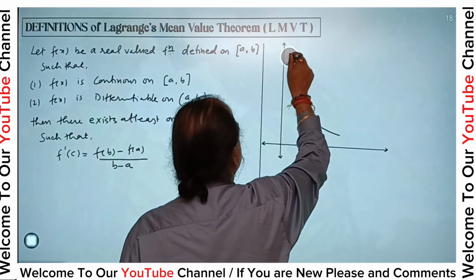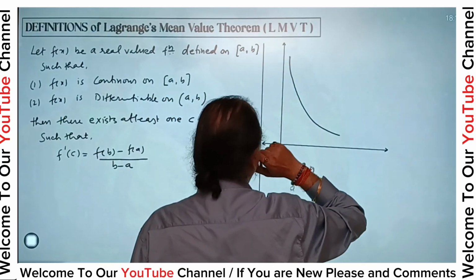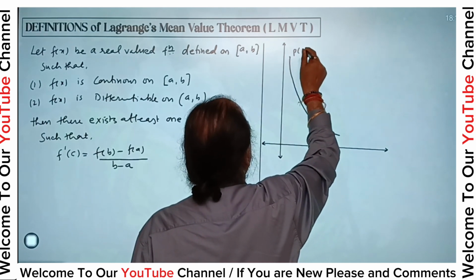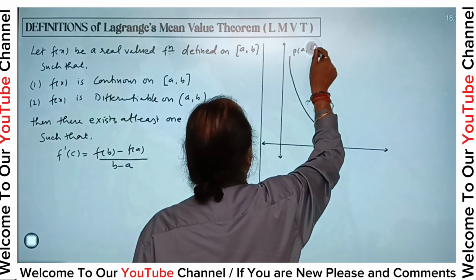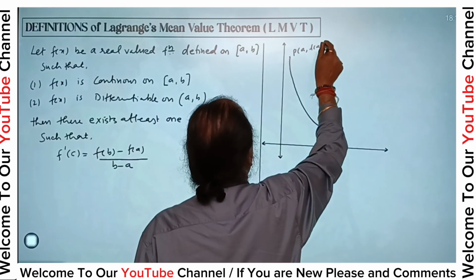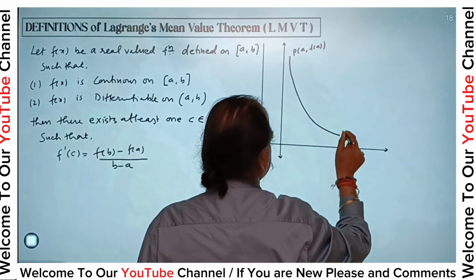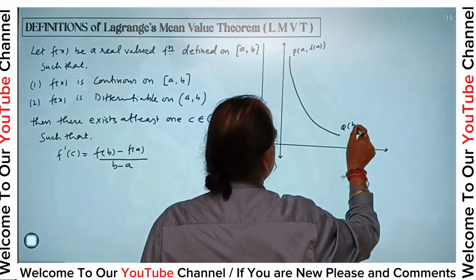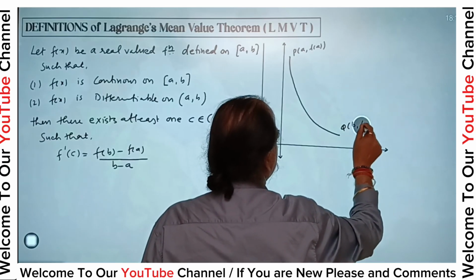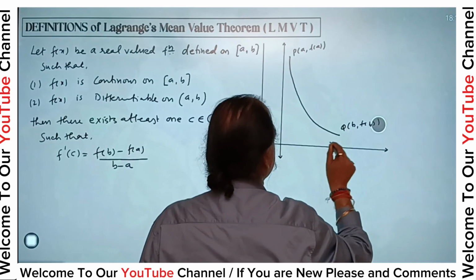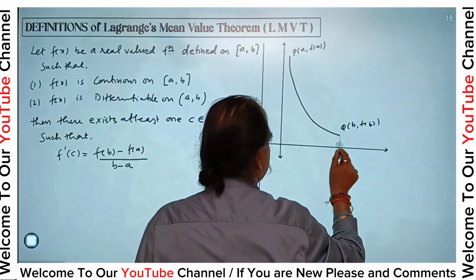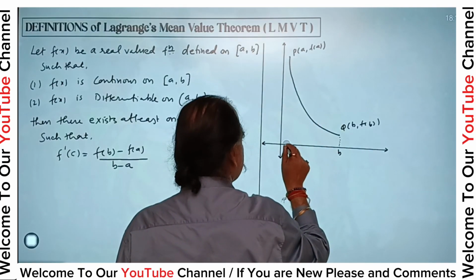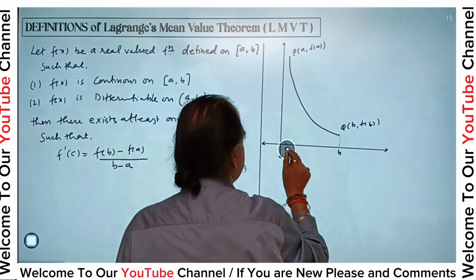This point is what? P, (a, f of a). This point is what? Q, (b, f of b). This is B and this point is what? A.